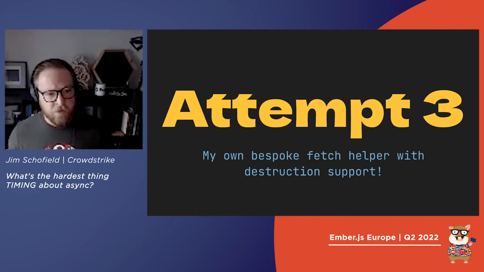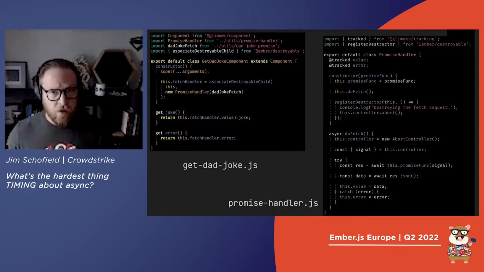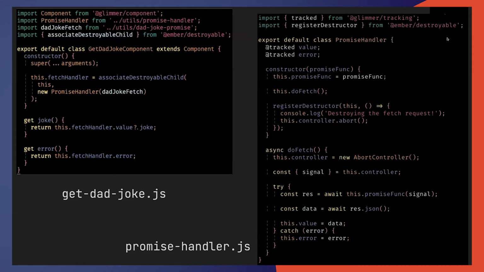So here is my next iteration. I found that there is support for this sort of thing in the Ember documentation. There is this thing called Ember destroyable. And so in my promise handler, the only thing really that I change is that I'm adding this abort controller, passing that signal along with my promise, and then I'm registering a destructor on this class.